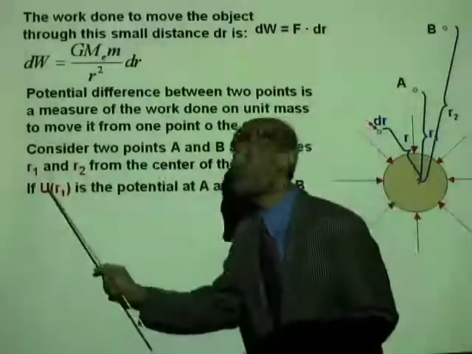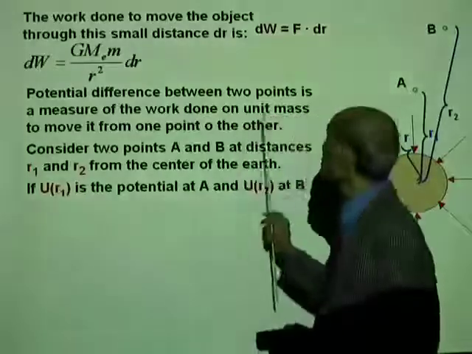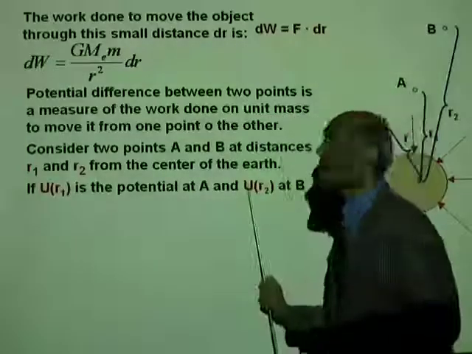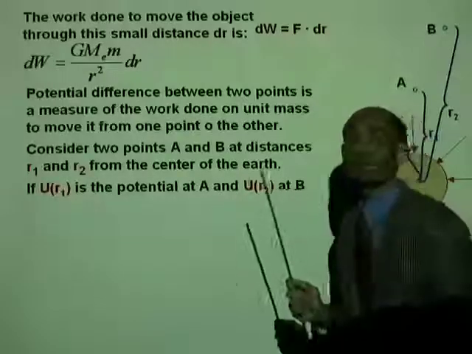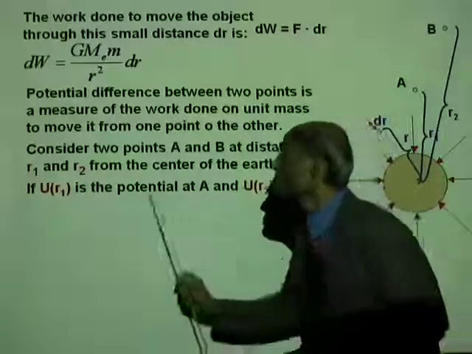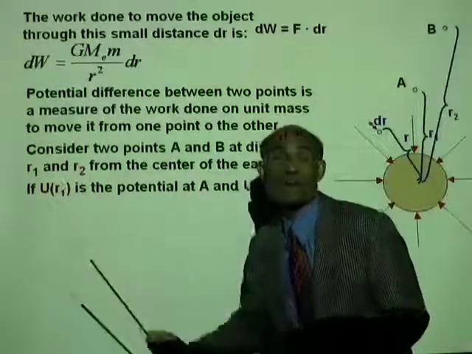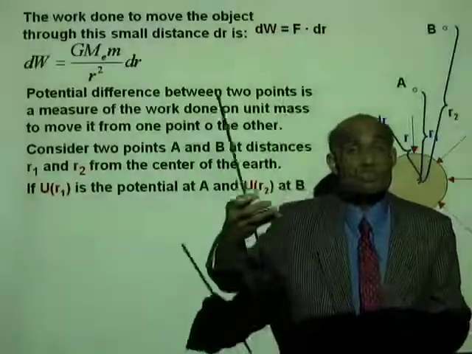And we're going to say, let U(r1) be the potential at A and U(r2) be the potential at B. Then, what does U(r2) minus U(r1) represent? That is a measure of the potential difference.